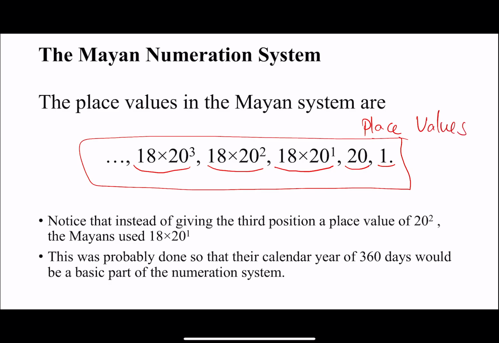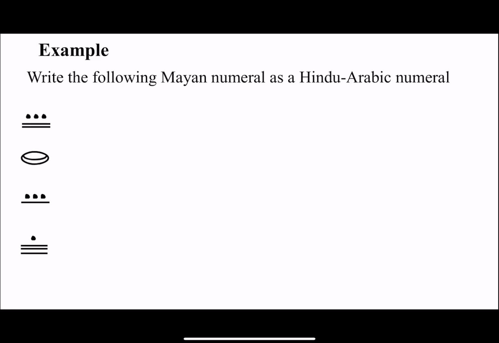Okay, here we go. How can I change a Maya numeral to a base 10 or Hindu Arabic numeral? First of all, the Maya numeral is written like that. One important thing is that we move from the bottom to the top. First, I write down what each digit is. Look at the first one.